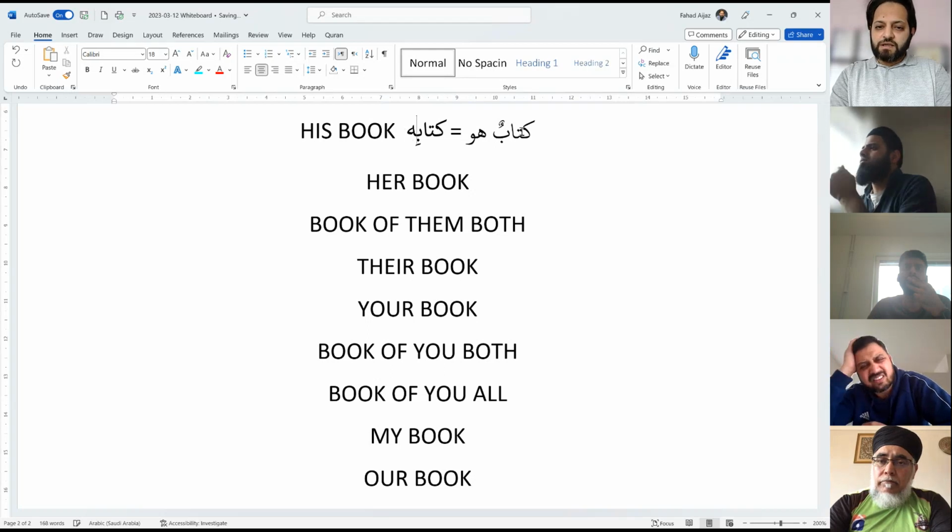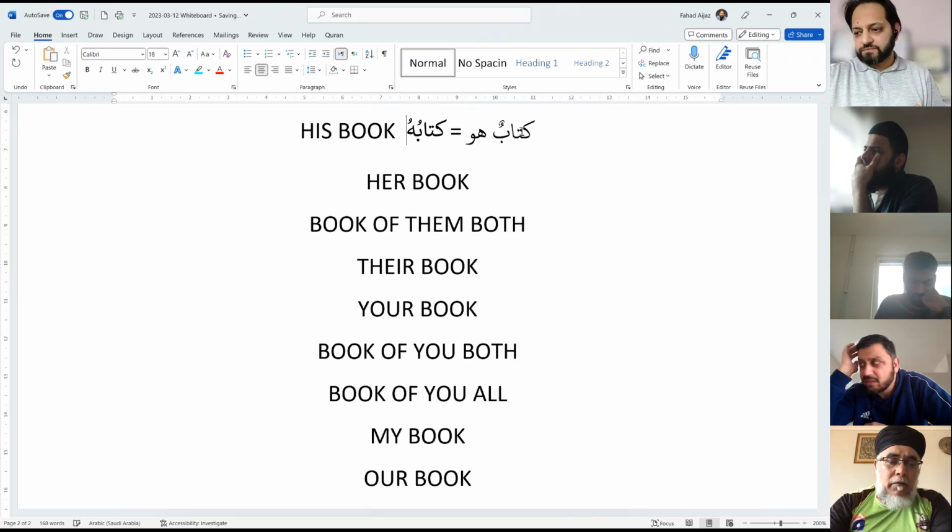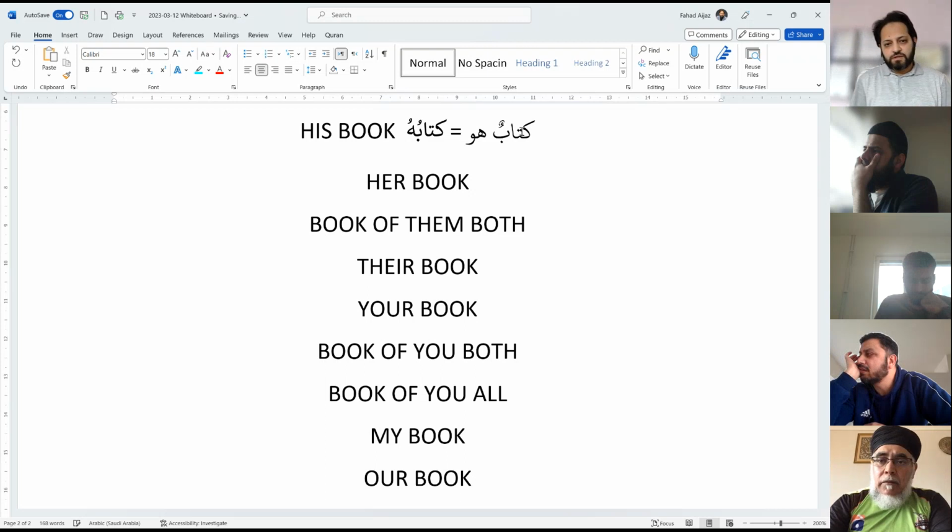Because it's not kitabi, it's kitabu, you're going to use the hu. Because for Arabs, the rhyme is very important. Very, very important. Kitabihu doesn't make sense to them in terms of rhyming, okay? In terms of the tone. Kitabahu would make sense to them. Kitabuhu would make sense, but kitabihu is not going to make sense for them.